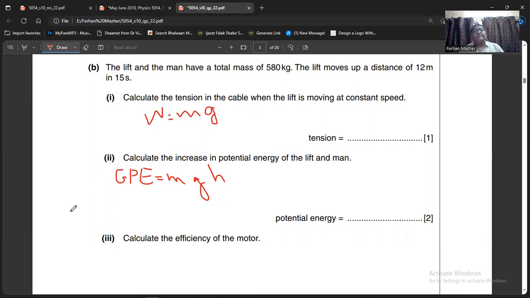Here there is a gain, so it is going upward. mg means the weight, so the formula can also be written as weight multiplied by height. The weight here is 5,800 Newton, multiplied by the height of 12 meters, so you will get the answer.